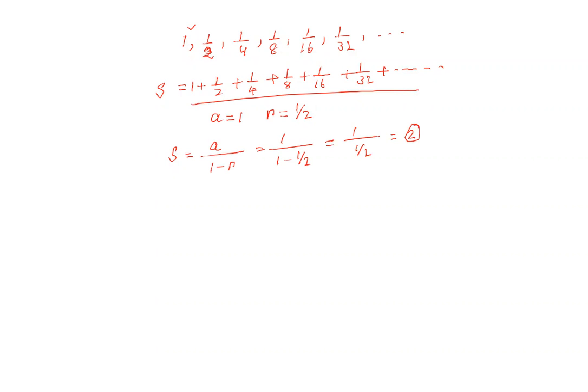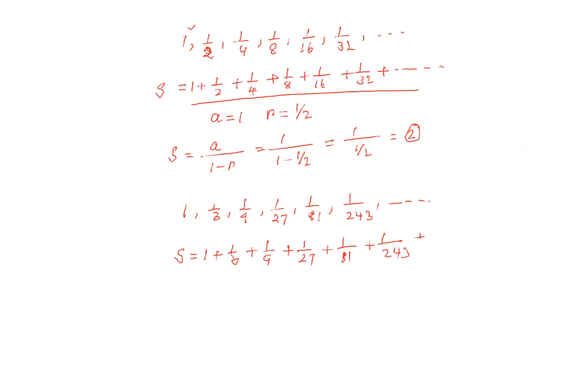Or I could do a similar thing, 1, 1/3, 1/9, 1/27, 1/81, and 1 over 243, and so on and so forth. So if I want to find the sum, S is equal to 1 plus 1/3 plus 1/9 plus 1/27 plus, I'm writing a bunch of terms, but it keeps going forever, right?